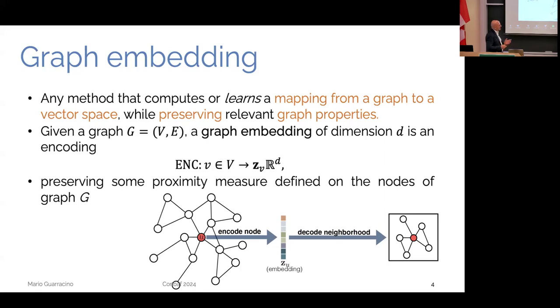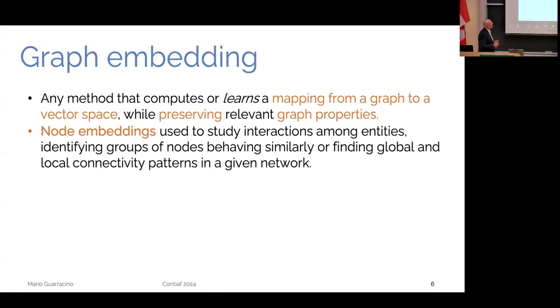The decode operation, as we said, is the one that is used to understand what is happening in the neighborhood of a node. So this is used, for example, to do link prediction or node classification on nearby nodes of the graph.